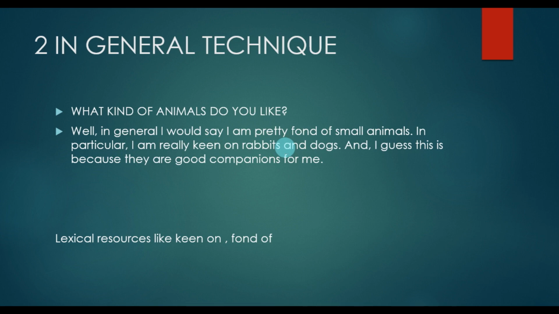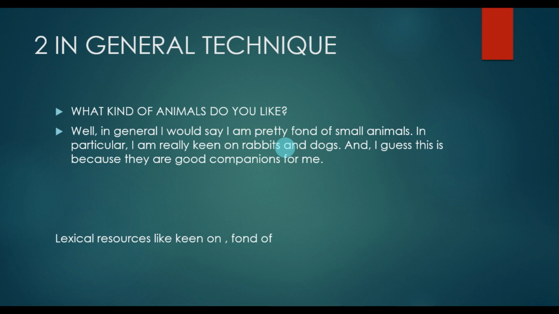If you are going to talk about what kind of book do you like, I give the answer like, well, in general, I would say I'm pretty fond of historical books. Historical book is a general category. In particular, I'm really keen on Indian history. Indian history is a particular book.